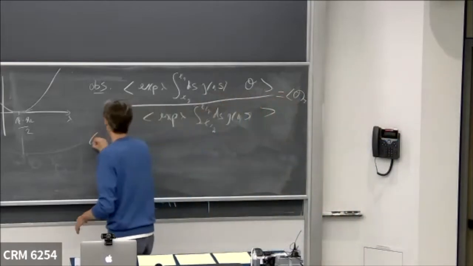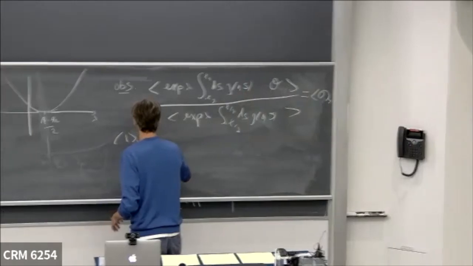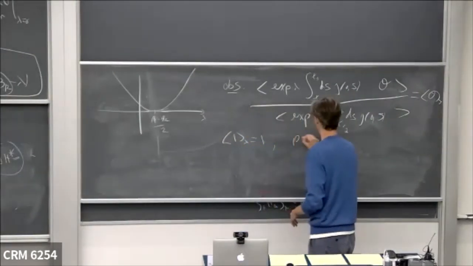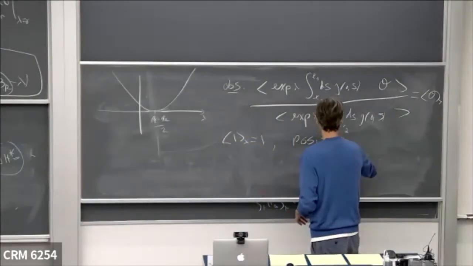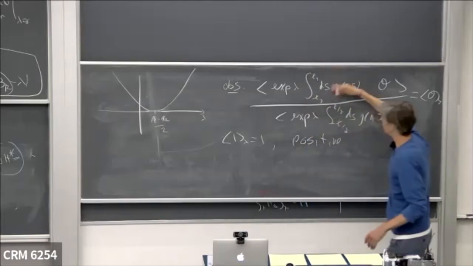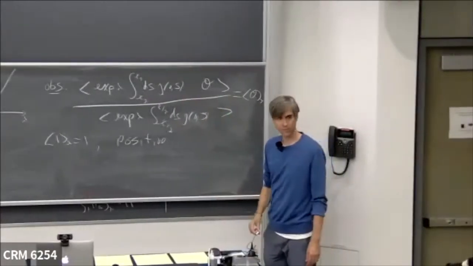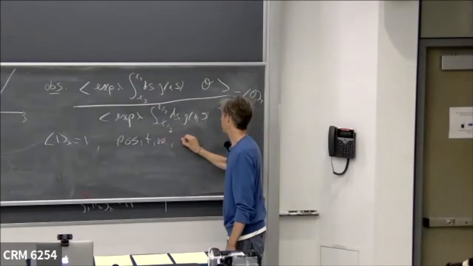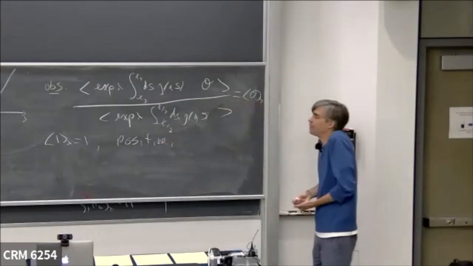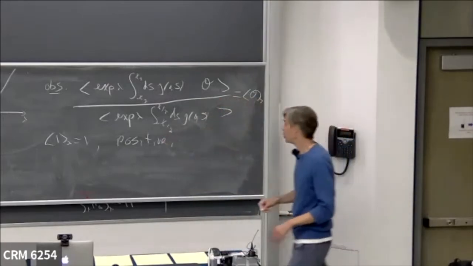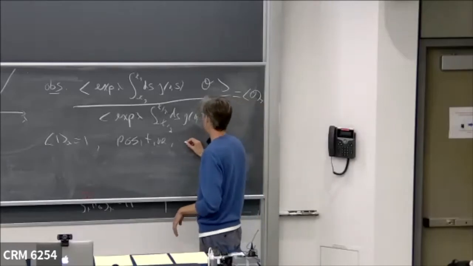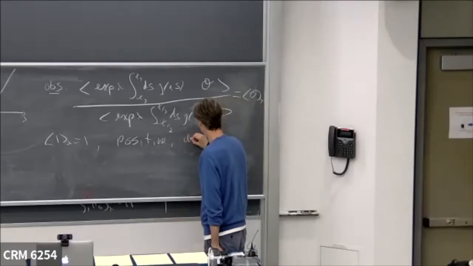In particular, 1 sub lambda is equal to 1, and it's positive because this is a real thing that I've inserted there. It has nice properties. One cannot show all the properties, but supposedly it is also clustering.